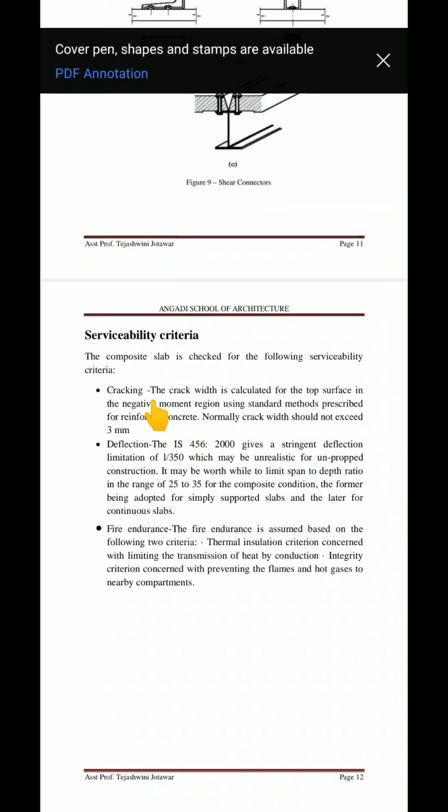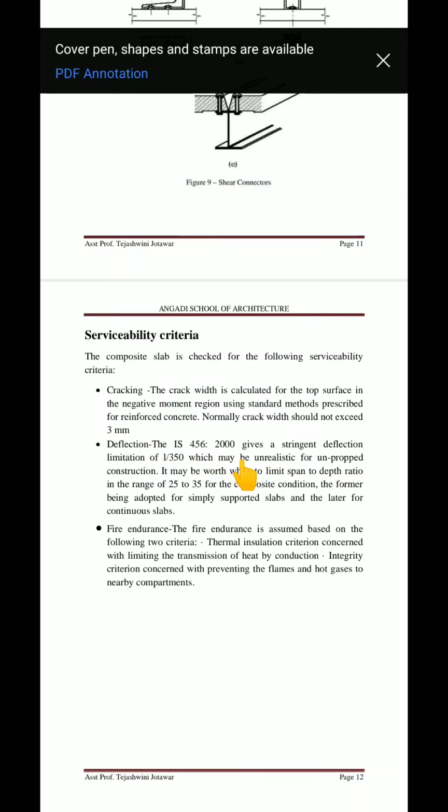Cracking in the sense, whenever there is a load applied on the slab, there will definitely be occurrence of cracks in the slab, and this crack width is calculated at the top surface in the negative moment region using standard methods as prescribed by IS 456. Normally, crack width should not exceed 3 mm.